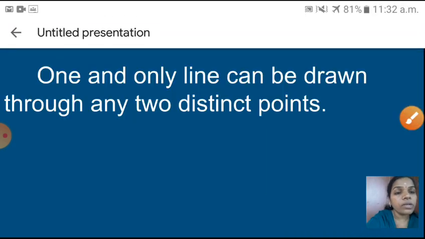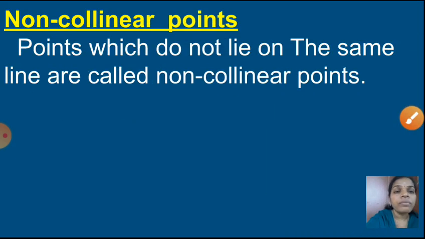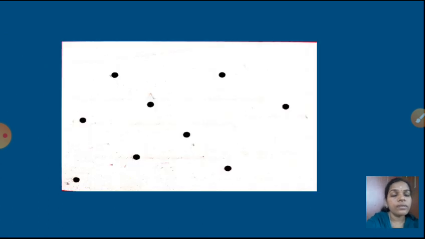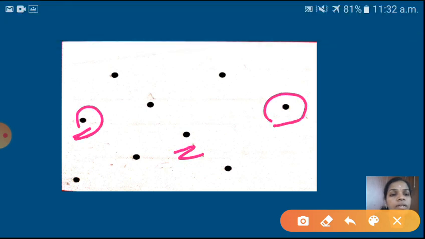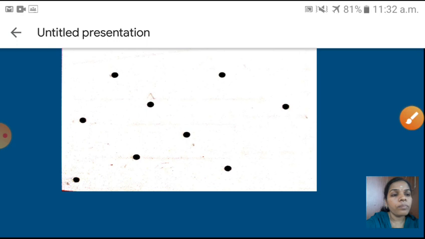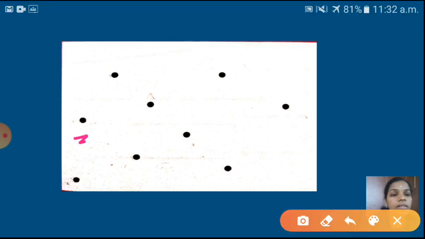What is meant by non-collinear points? The points which do not lie on the same line are called non-collinear points. See here children, this point, this point, this point and this point. These 3 points I am selecting. Just join these 3 points like this.